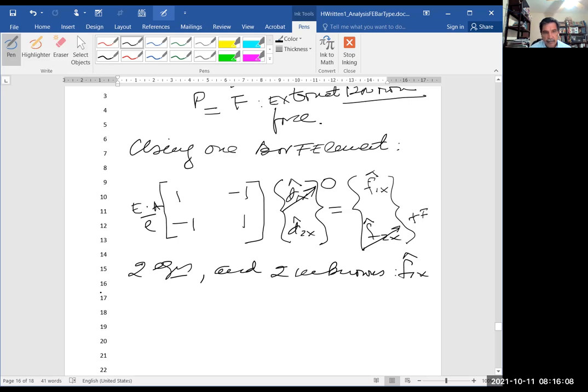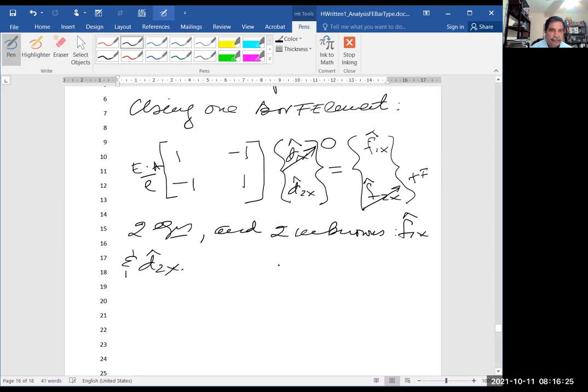And D2x is the displacement of the right joint. Okay? So we can proceed now to solve it.